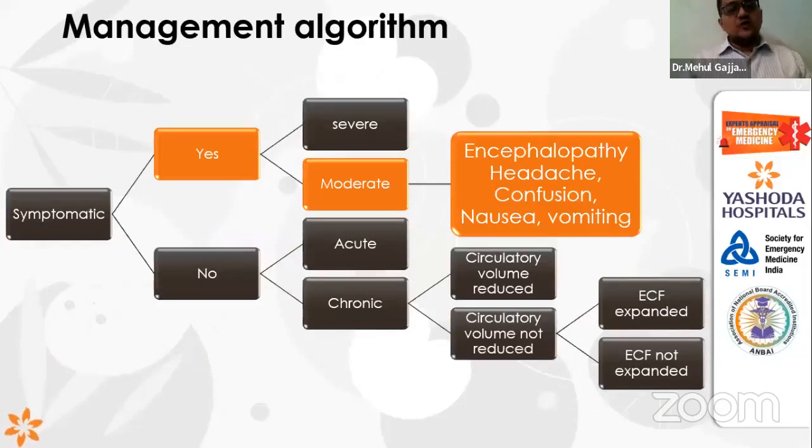Now coming to moderate symptomatic hyponatremia. Here the symptoms are like encephalopathy, headache, confusion, nausea, vomiting. These are the signs and symptoms of moderate symptomatic hyponatremia.